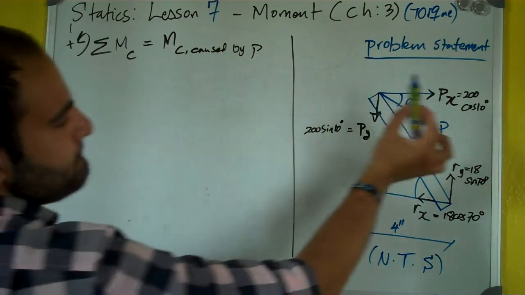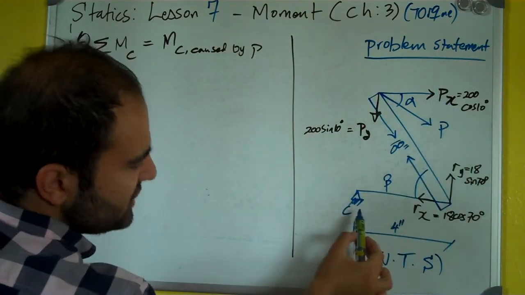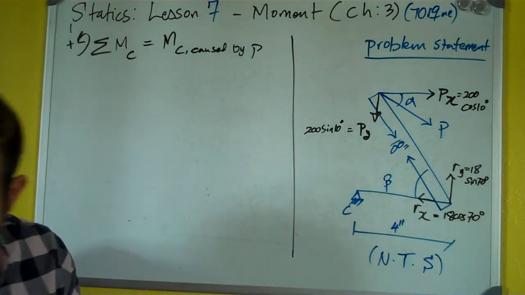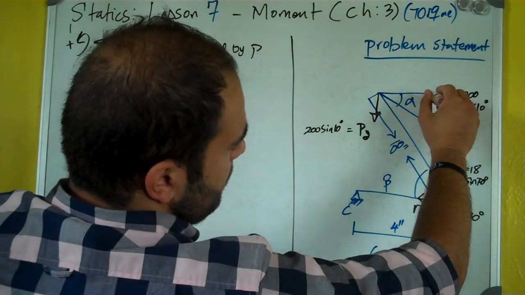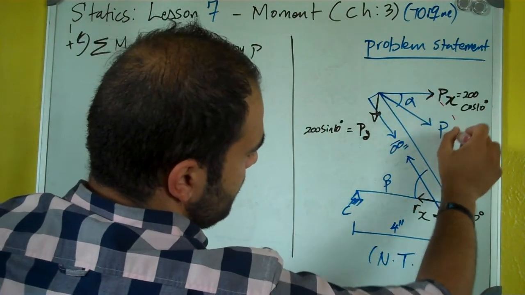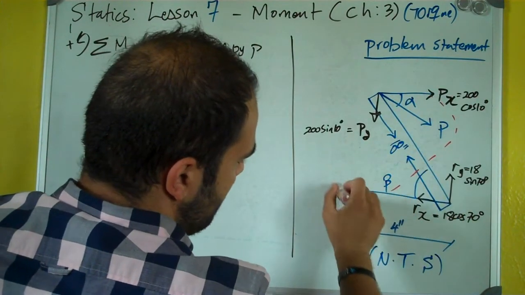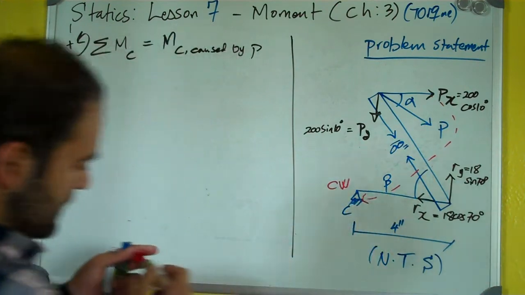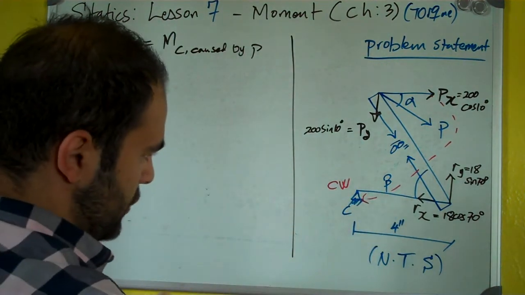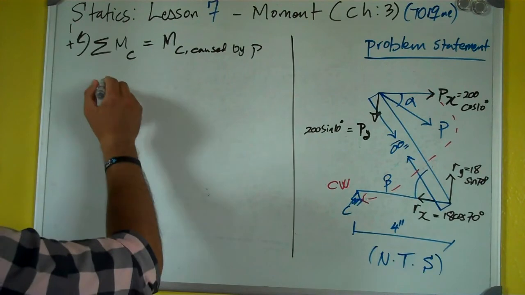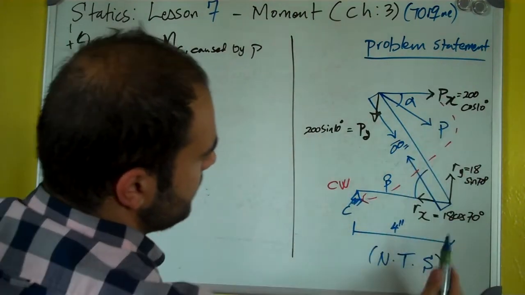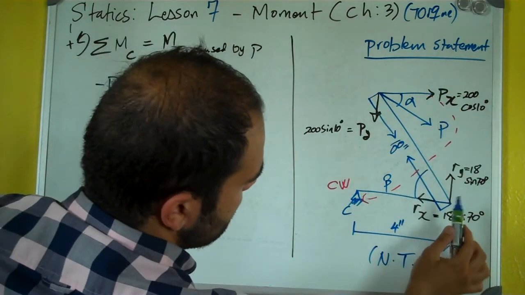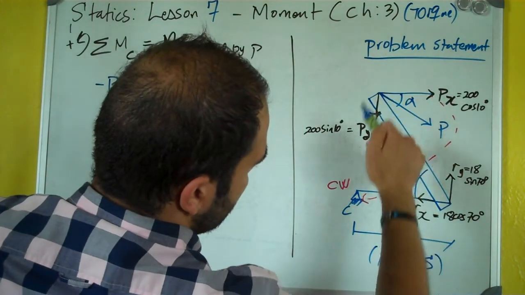So you've got Px going to C. Let me do that in red. You're going from here to there, so you are going to have a clockwise moment. So you've got minus Px times the perpendicular distance, which is from here to here.